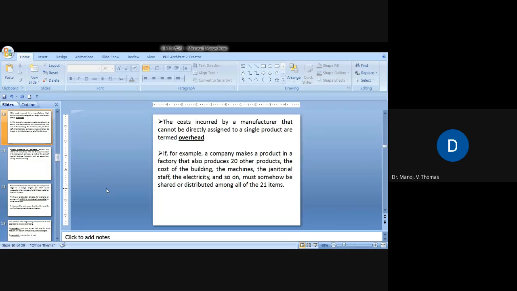So those things must be shared or distributed among all of the 21 items. In a manufacturing company where 21 items are produced, the cost of the building, machines, electricity, and cleaning staff must all be shared. So that is the overhead cost.